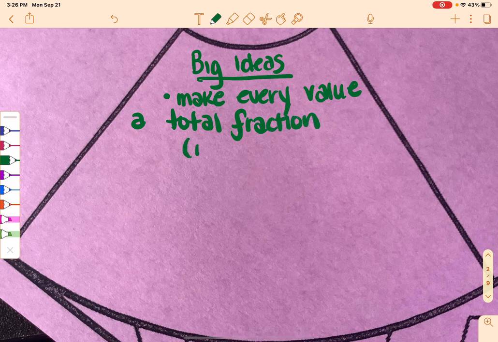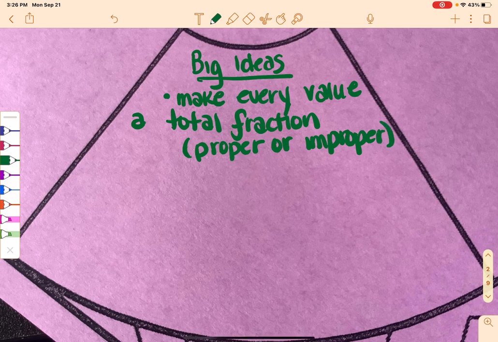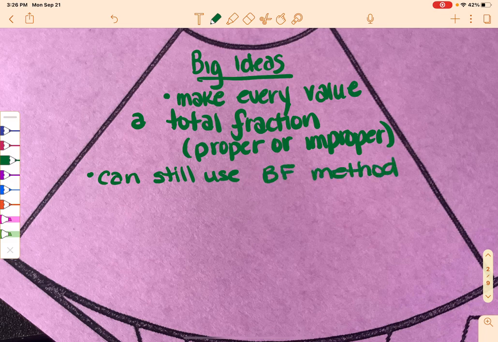That means that they have to either be proper or improper. But it has to be one or the other. The good news for this is we can still use the butterfly method. So our method is still going to be the same, even though we're going to adjust for those mixed numbers.